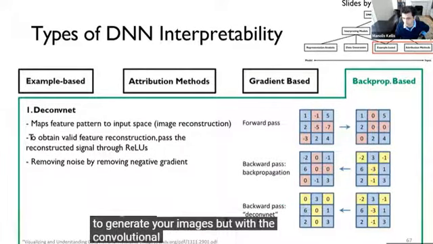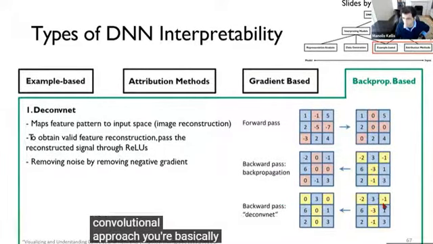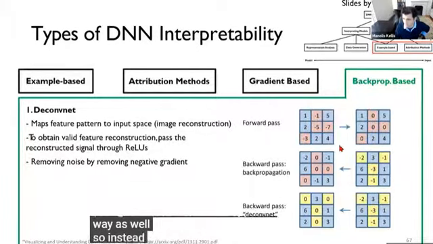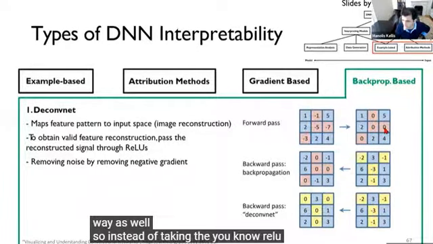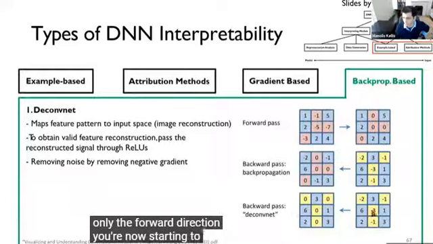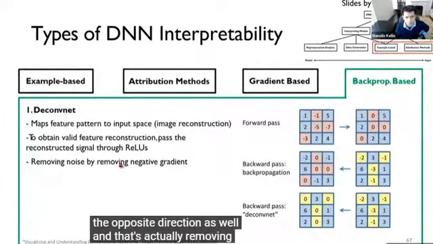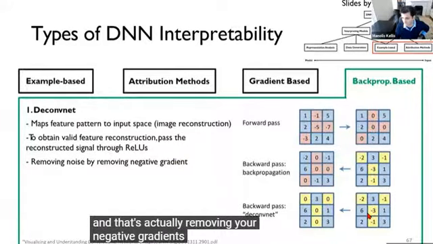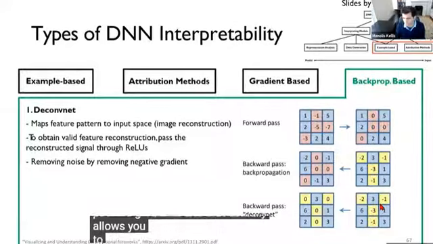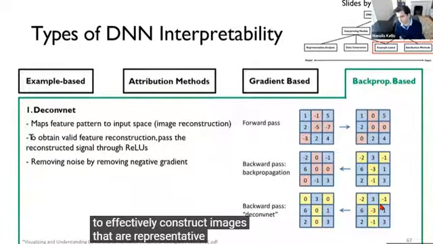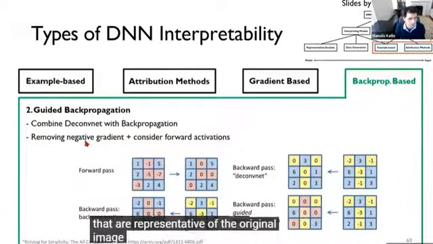But with the deconvolutional approach, you're forcing your gradient to work in the opposite way as well. So instead of taking the ReLU only in the forward direction, you're now taking the ReLU in the opposite direction as well. That removes your negative gradients and maintains only the positive gradients, and that allows you to effectively construct images that are representative of the original image.